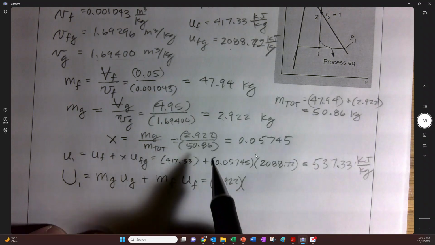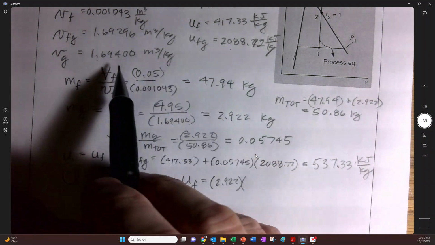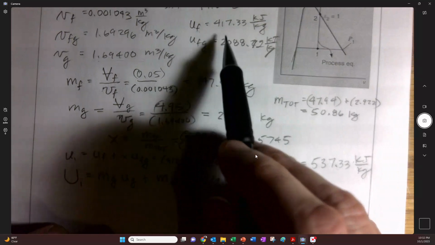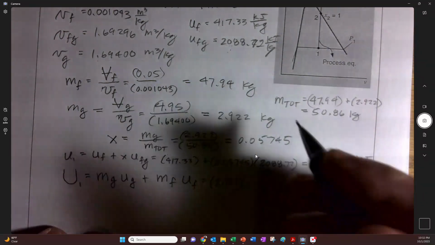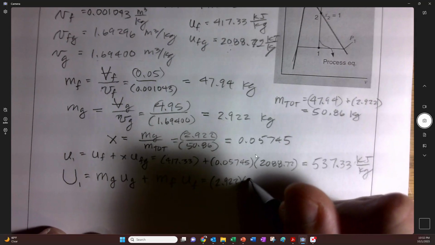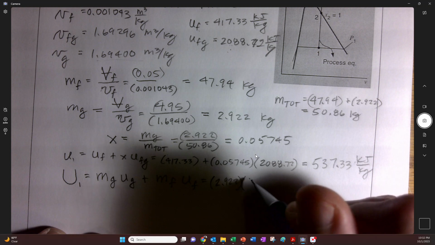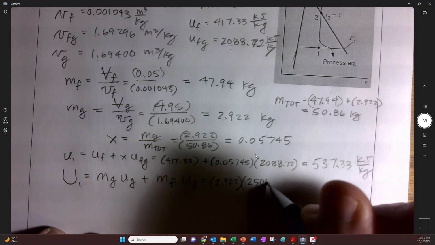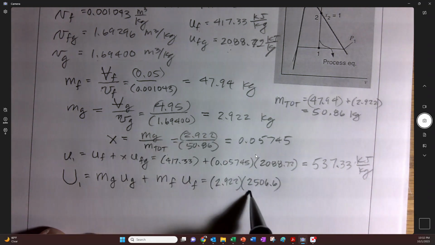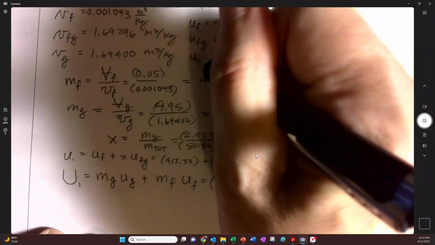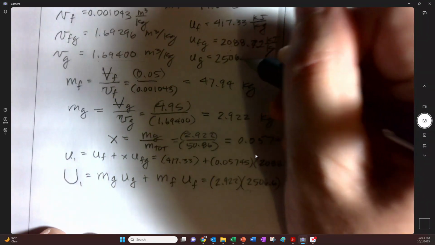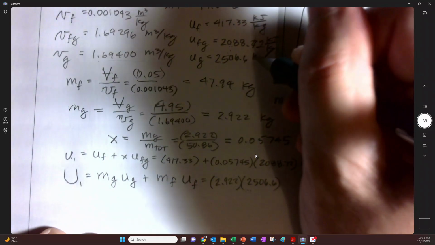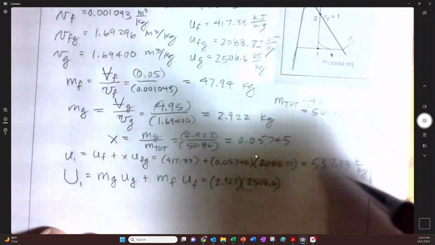Anyway, what we could do is go up, because I didn't have written down what this one was. Here, I'll write it down now. For the gas it's 2506.6, so that was my UG up here, 2506.6 kilojoules per kilogram.